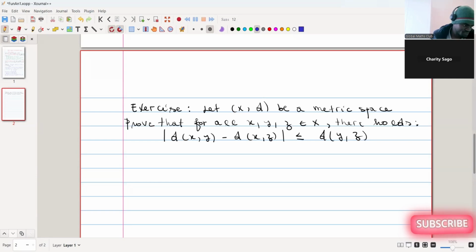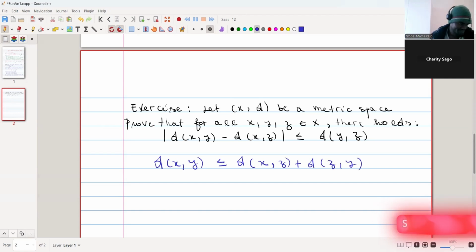So what do we know? We know that by the triangle inequality, (1) the distance between x and y is less than the distance between x and z plus the distance between z and y, right? Okay.